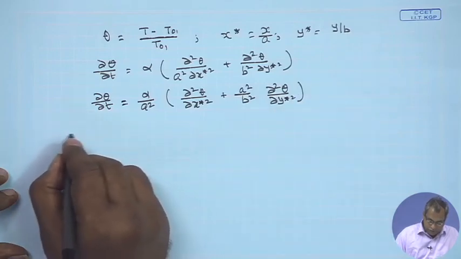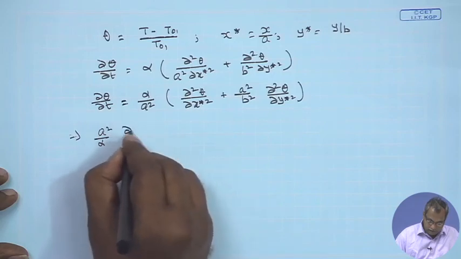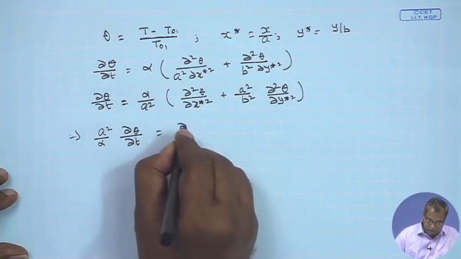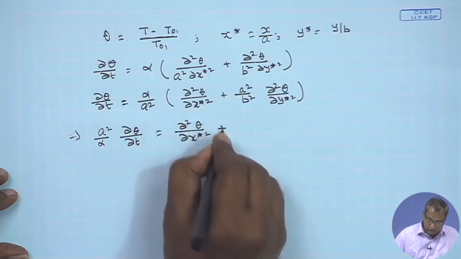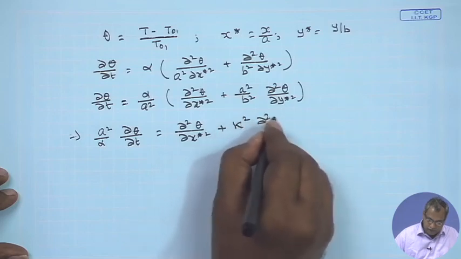So, this becomes a square by alpha del theta del t is equal to del square theta del x star square plus k square del square theta del y star square.